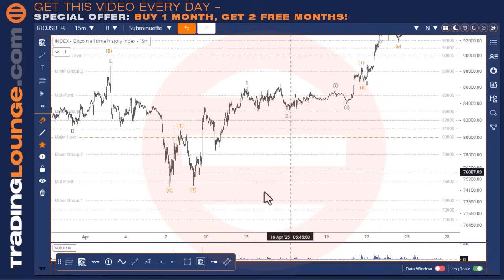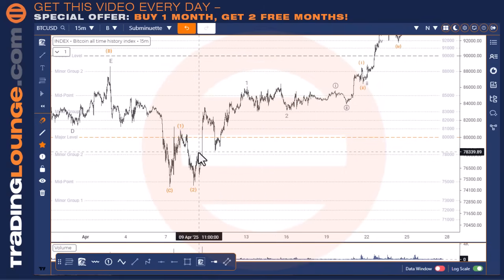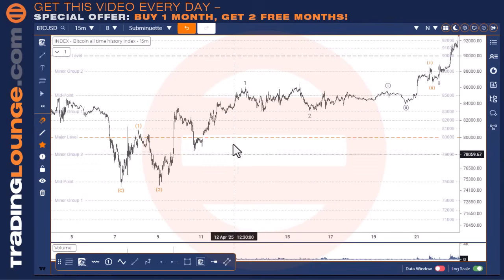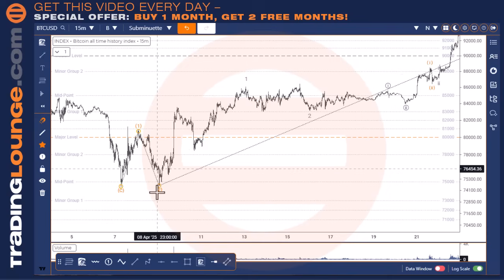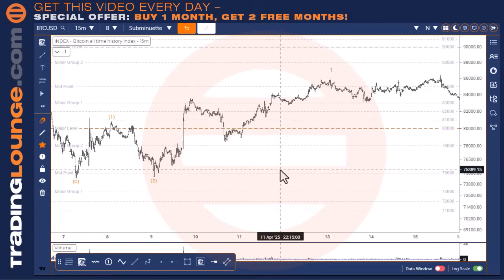In this case, I've done it this way, putting this as the low in here with 1 and 2 here, and then 1 and 2, 3, 4, 5 up here for 1 and 2. Most of the other markets I can put wave 1 over here, but in this instance, I could just look at all of that there as 1.